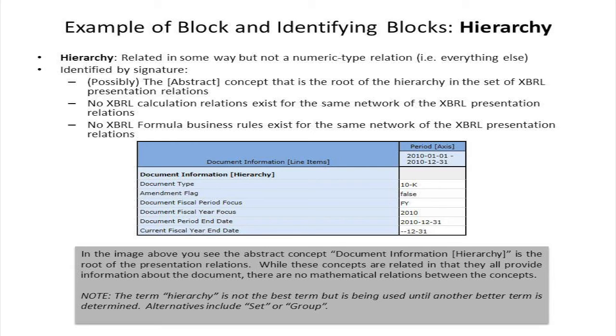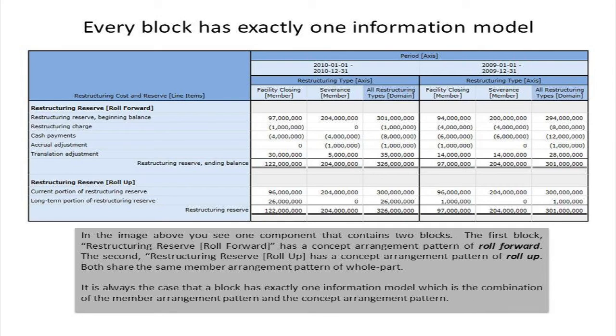So there you have three examples of blocks. Now remember that every block has exactly one information model. Look at the image that you can see here on the screen. That's actually two blocks. On the top you see a block that is a roll forward, and on the bottom you see a block that is a roll up.